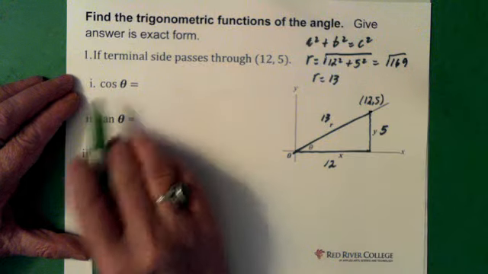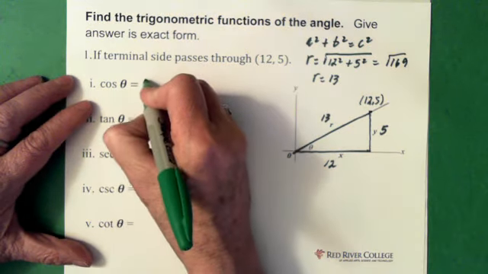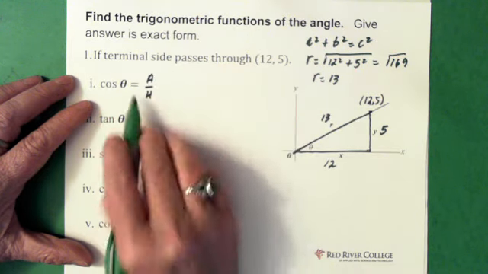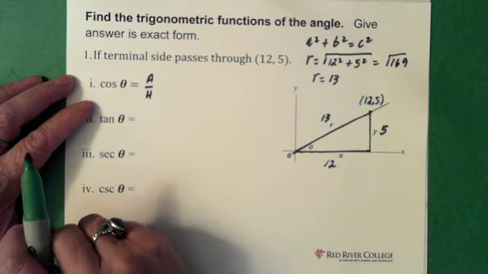Now when we want to find the cos of the angle, it's the adjacent over the hypotenuse, and sometimes it's helpful to write it out for yourself so you can see it. It's less thinking.